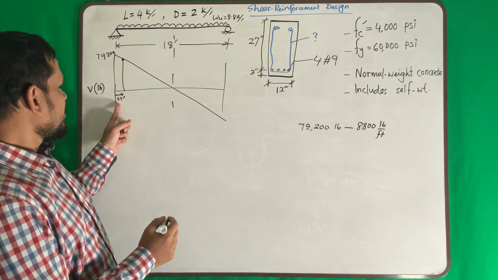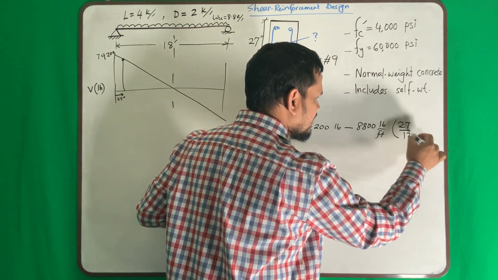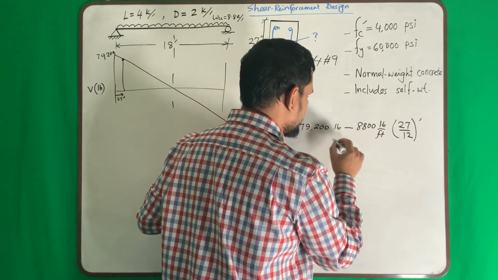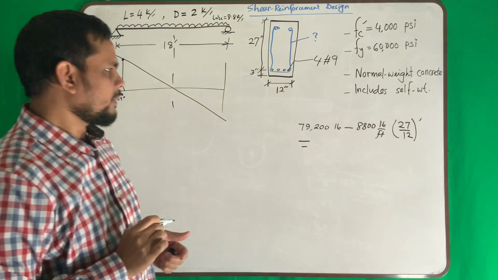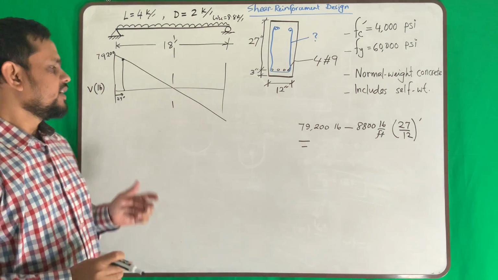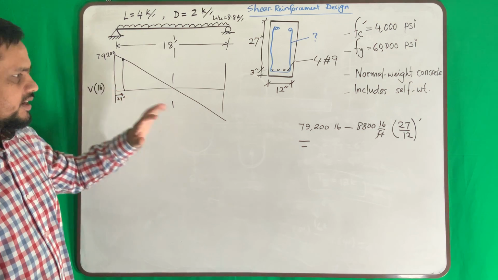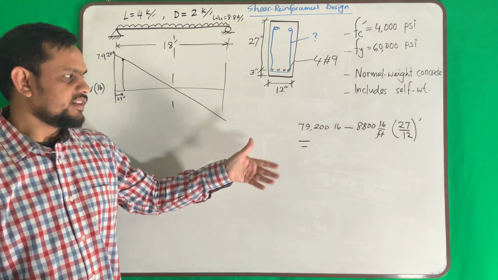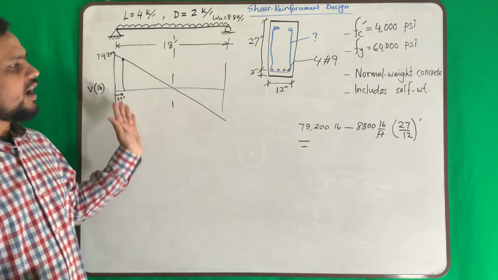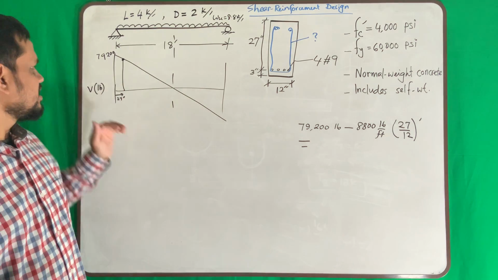After traveling 27 inch, that means 27 over 12 feet, what is my value? Yes. So my initial value was 79,200. It is decreasing 8,800 pound per feet. And after going 27 over 12 feet, what is my value?